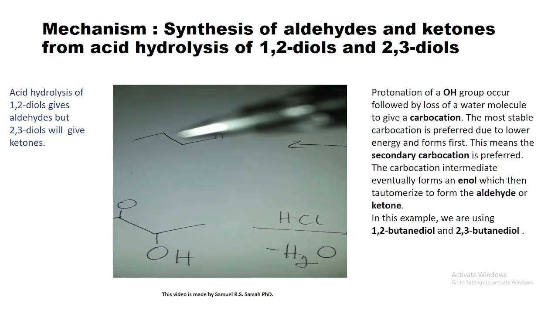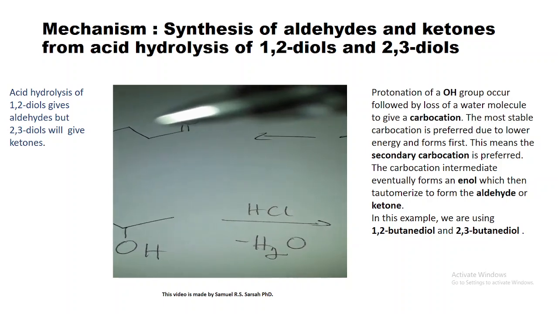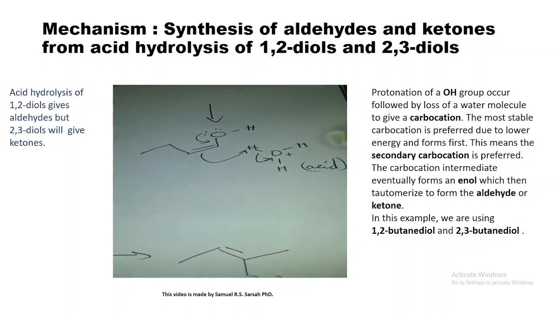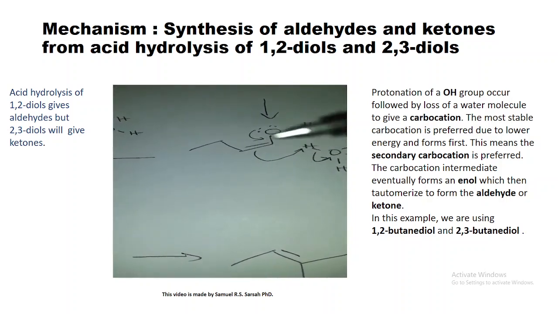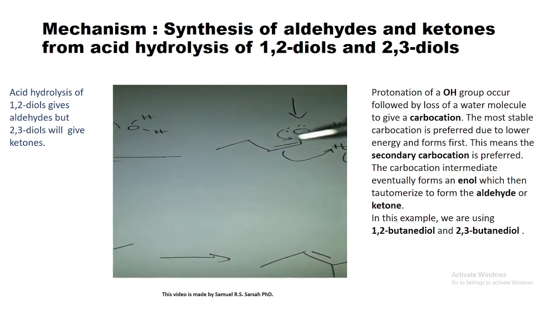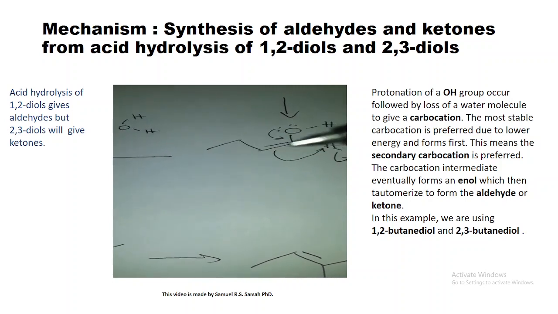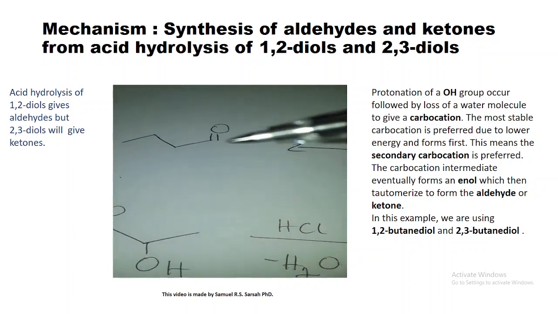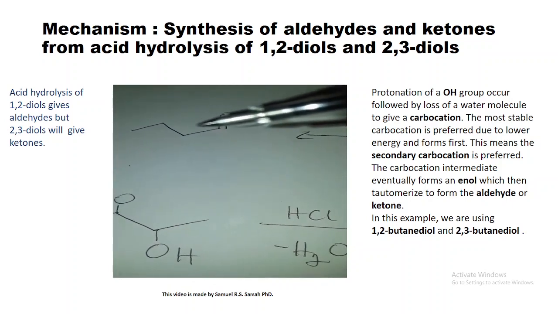So that's how the aldehyde is going to be formed. Or you can just stop right here and then just draw an equilibrium arrow showing the shift between this and then the aldehyde. You usually see this in textbooks.